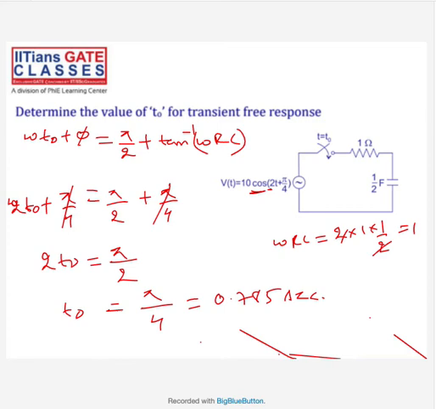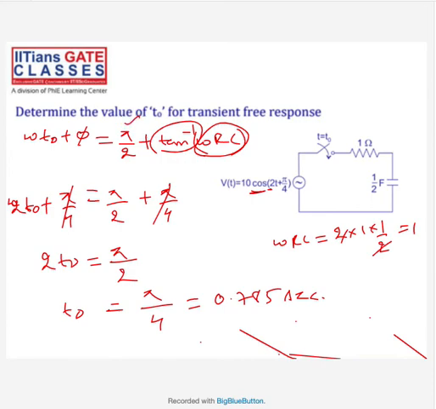Sir, how come pi is 3.14 for the last part? See, tan inverse of something is always an angle. So pi is not 180 here; this is not in degrees.